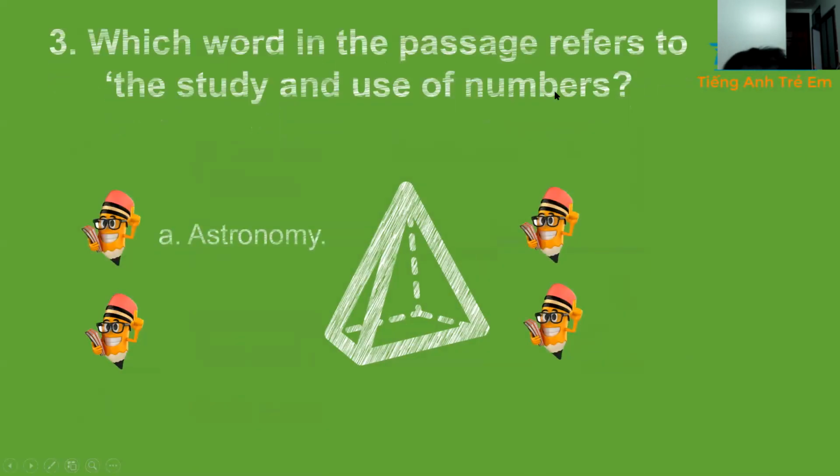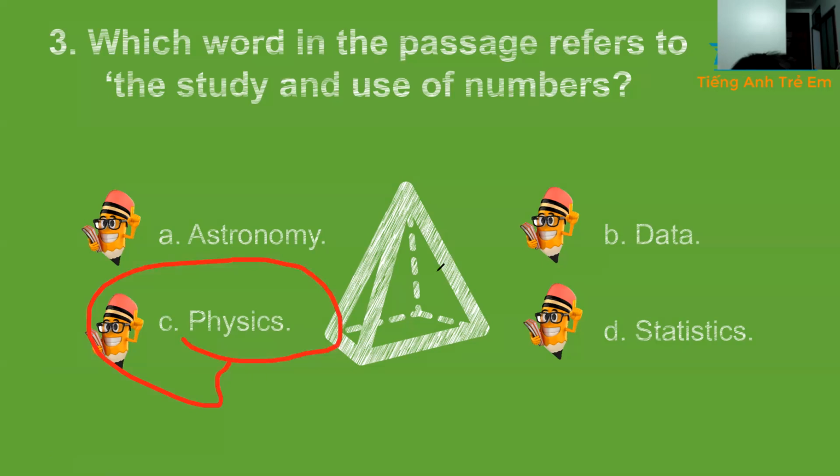Which word in the passage refers to the study of and use of numbers? Is it astronomy, data, physics, or statistics? Physics. Physics is a branch of science, but we are talking about numbers, the study of numbers.